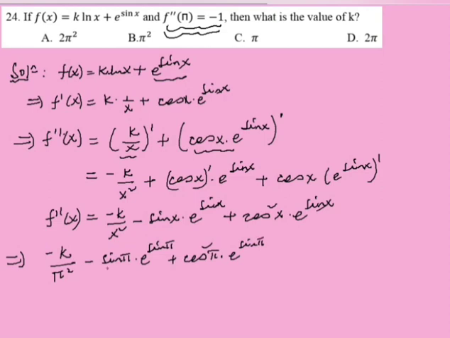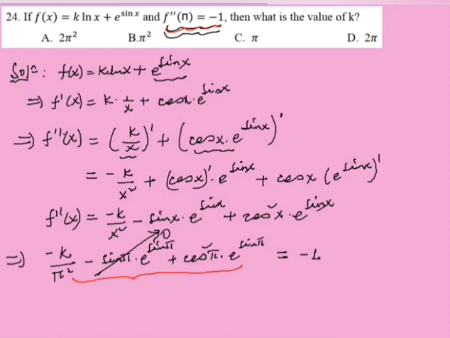Look here, sine pi is 0, therefore this term becomes 0. So this is the same as minus 1, because the second derivative at pi is minus 1.